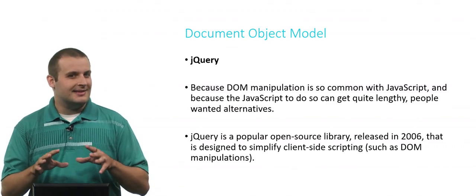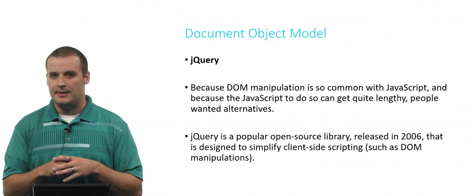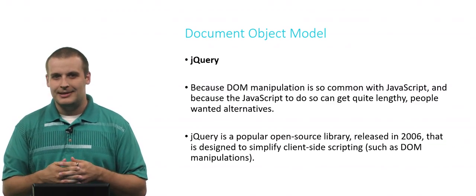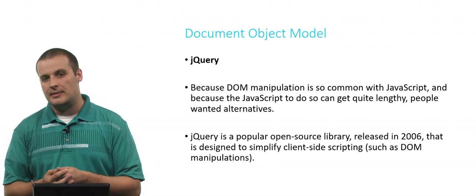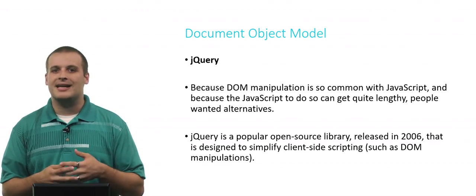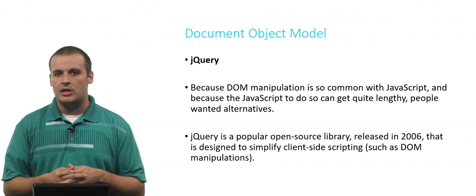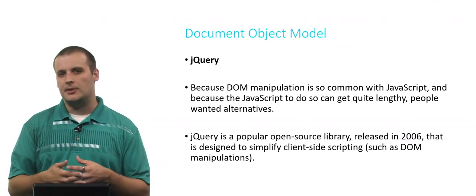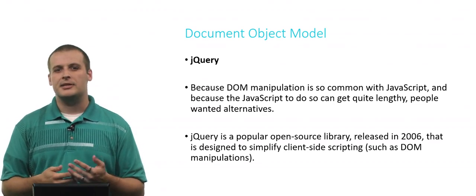Now, you may have seen that some of those terms, some of those property names, and some of those method names are really, really long. It would be a lot to type out. And so it's actually quite common when you are working on a project that has a lot of document object manipulation to use a JavaScript library called jQuery. jQuery is quite popular. It's probably the most popular JavaScript library currently in use. It's been around for about 10 years now.